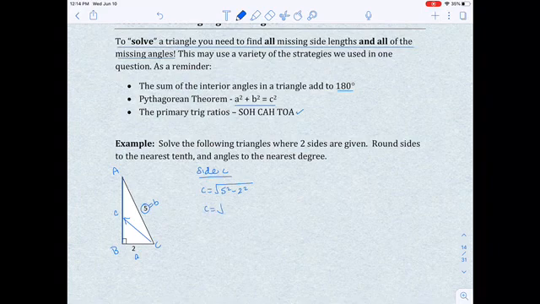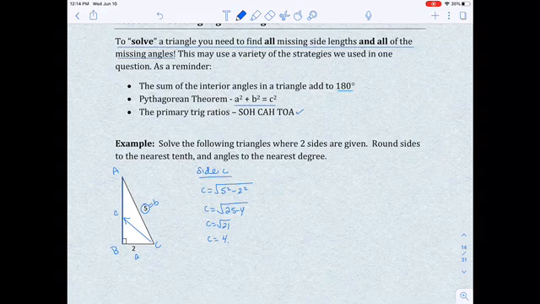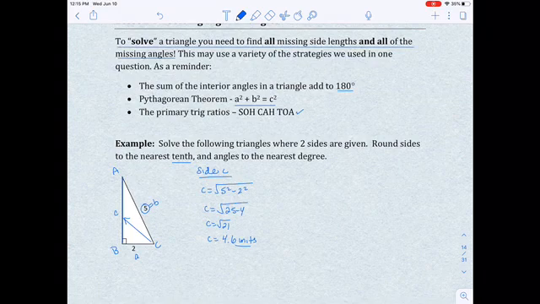So C would be the square root of 25 minus 4, or the square root of 21, which if we just plug that in our calculator, we will get 4.58, which we would round to 4.6. Okay, 4.6 units, whatever those might be. All right, and it says to round side lengths to the nearest tenth. So we want 1 decimal and angles to the nearest degree.